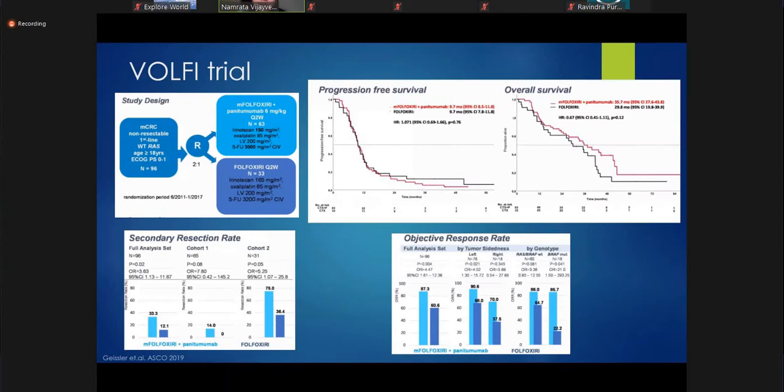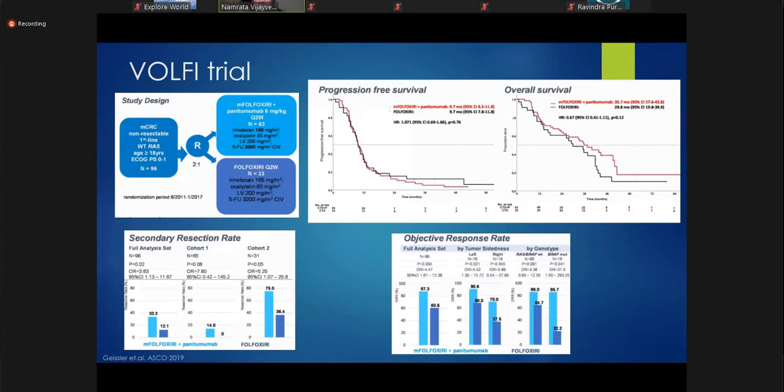It was patients with metastatic CRC, but it's a small study, 96 patients that were randomized in a 2:1 fashion with FOLFOXIRI plus panitumumab versus FOLFOXIRI alone. There were about 100 patients in the wild-type KRAS population.